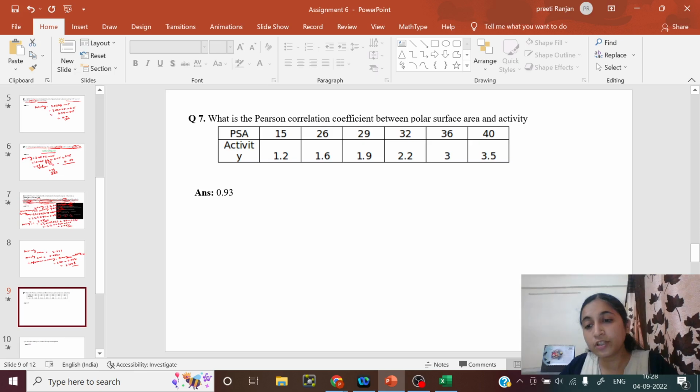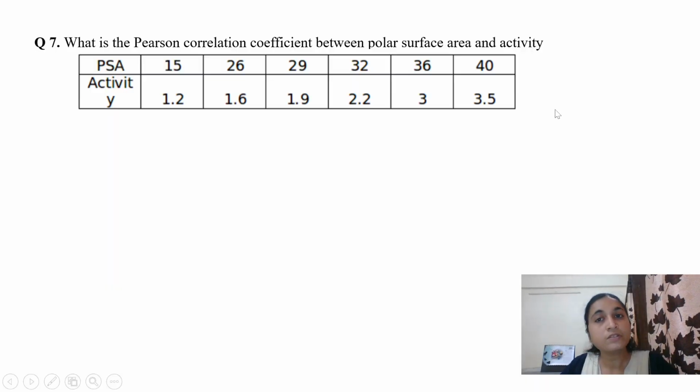So now come to question number 7. In question number 7, what is the Pearson correlation coefficient between polar surface area and activity? In question, it's given polar surface area and activity, and they want us to calculate this Pearson correlation coefficient. So how we will do these things? We will do in Excel.